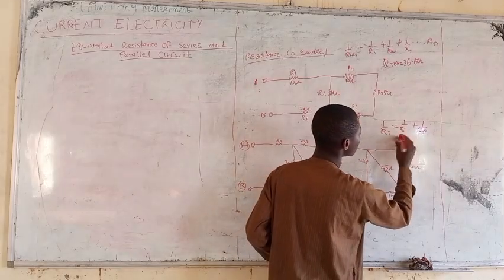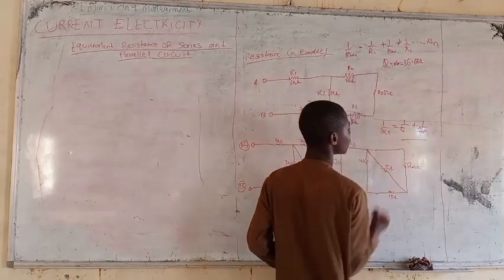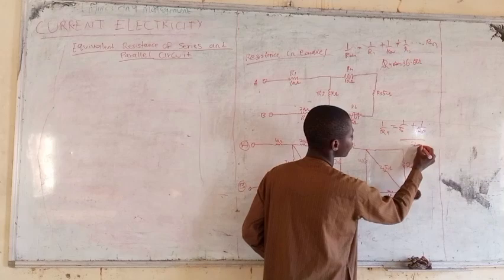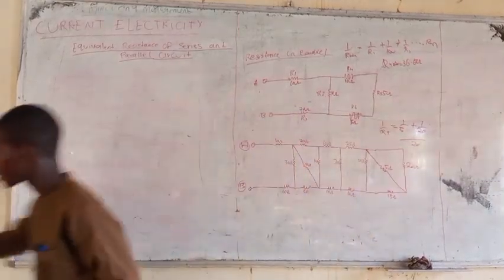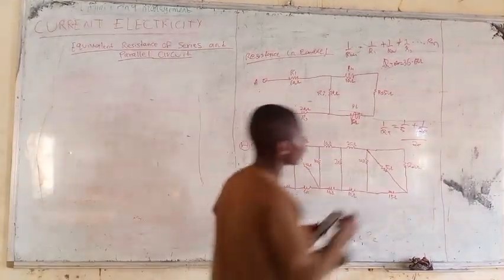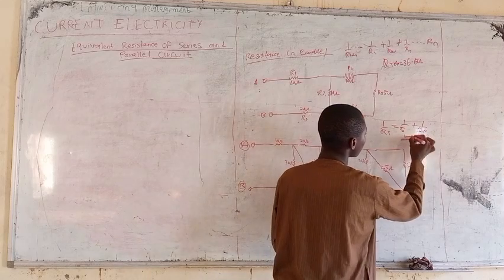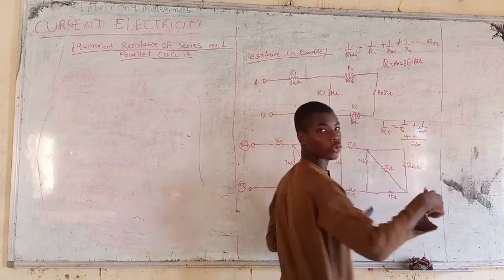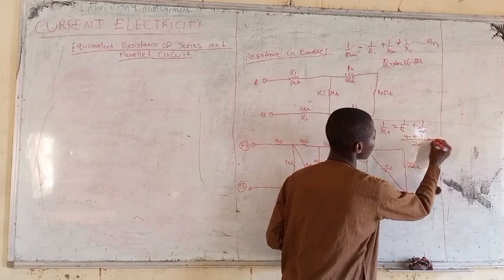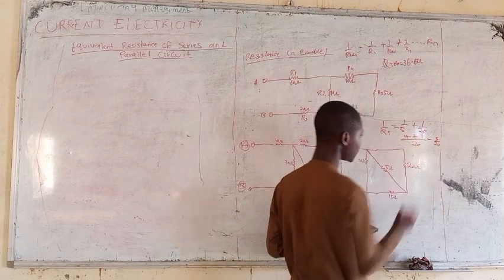Our LCM is 20. 20 into 5 is 4, 4 times 1 is 4, plus 20 into 20 is 1, 1 times 1 is 1. Therefore, we have 5 over 20.